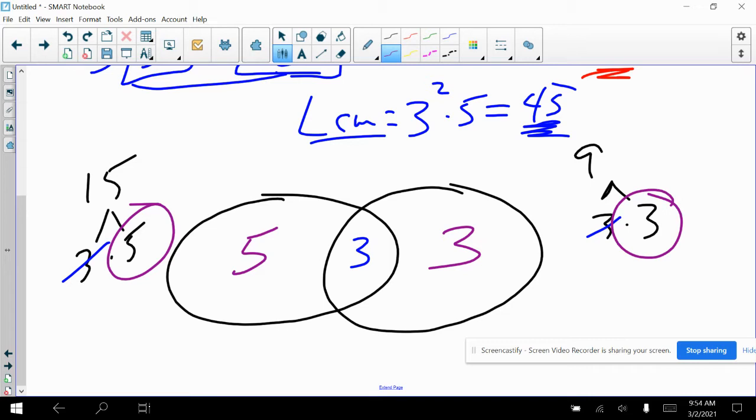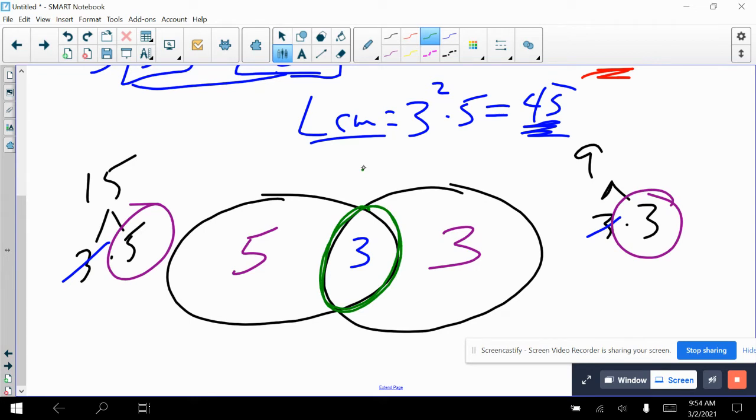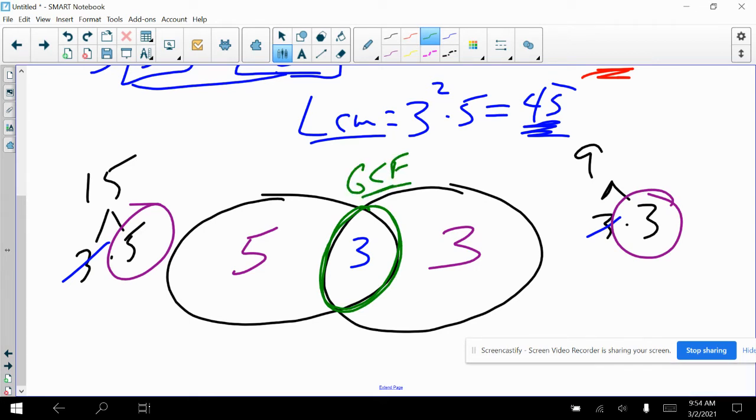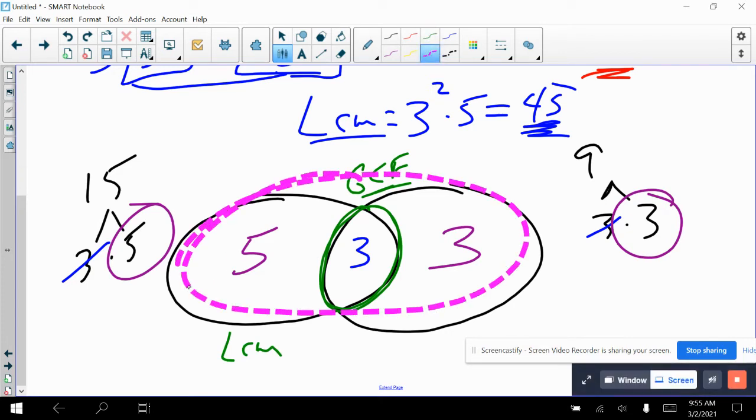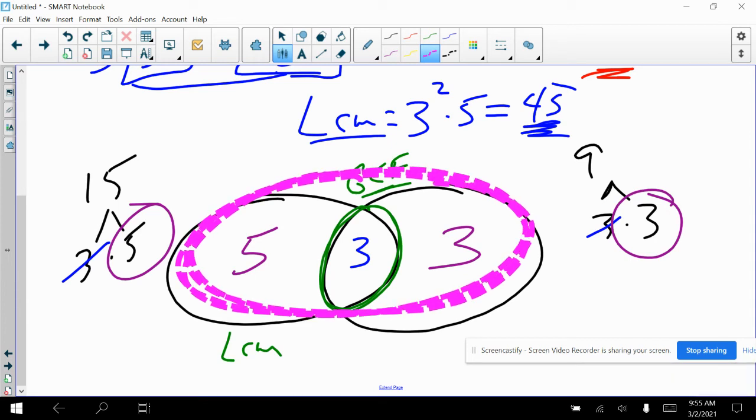Okay, so in the middle, we already know that this is the greatest common factor because that's what they share together, right? Okay, watch this. This is pretty neat. To find the LCM, guess what you do to all of the numbers that are in the circles? What do you think you do to all of those? You multiply them.